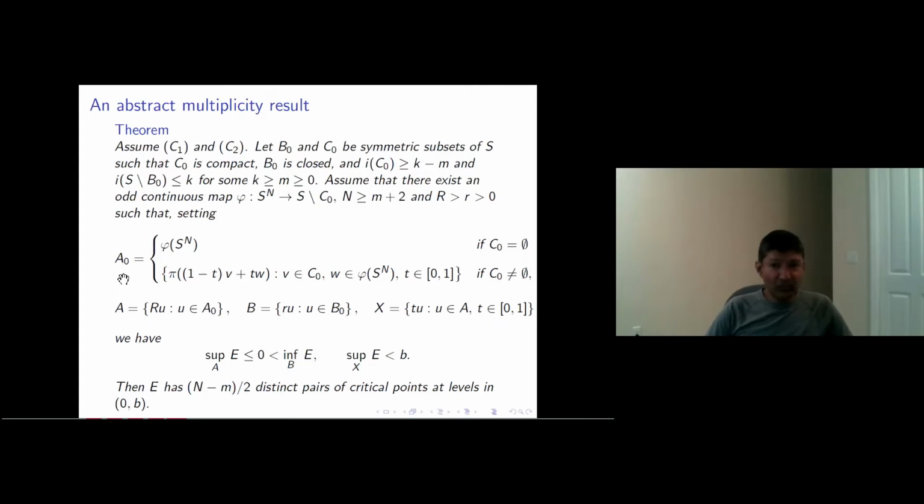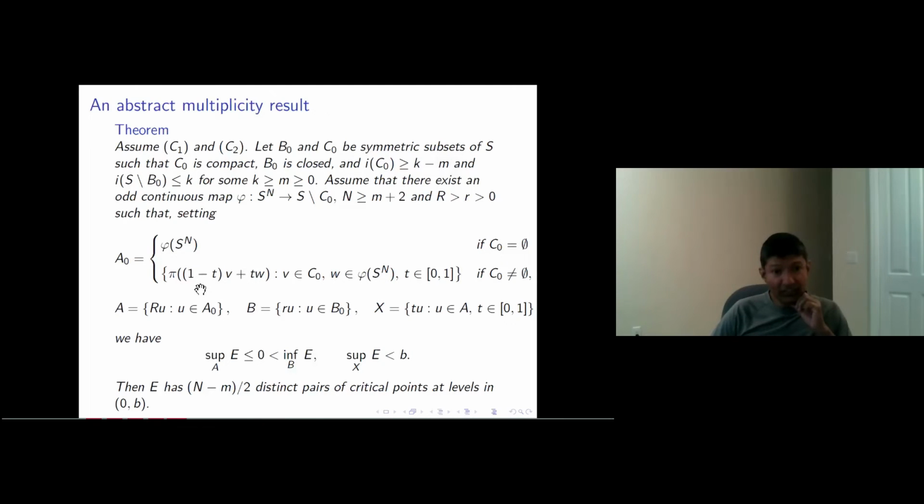So what is A0? Well, A0 is basically the image of the map phi, if your C0 is empty. If C0 is non-empty, A0 is basically the following set. What you do is you take all line segments joining points in C0 to points in the image of S^n under phi.